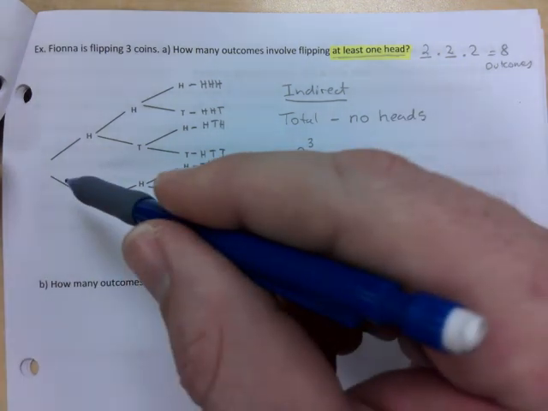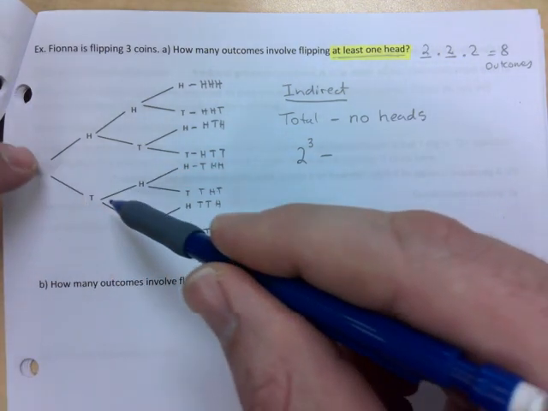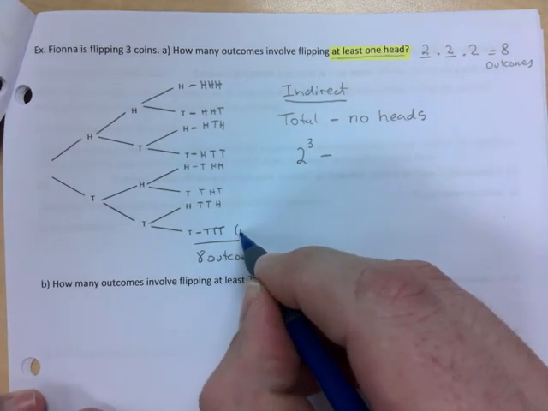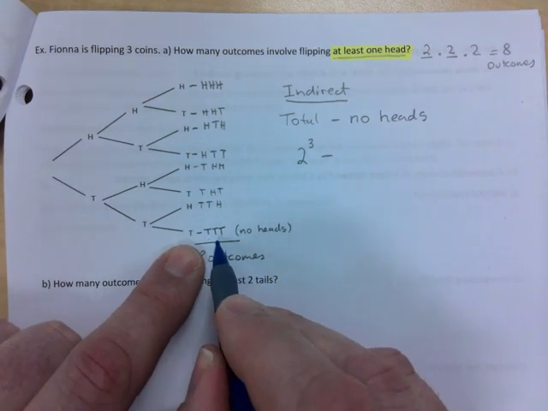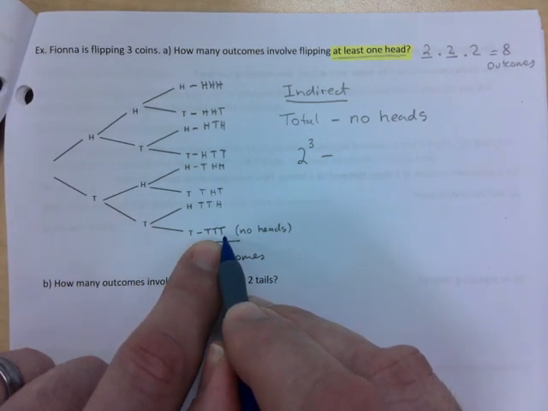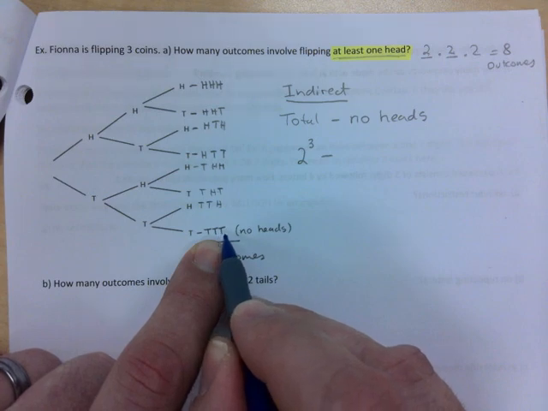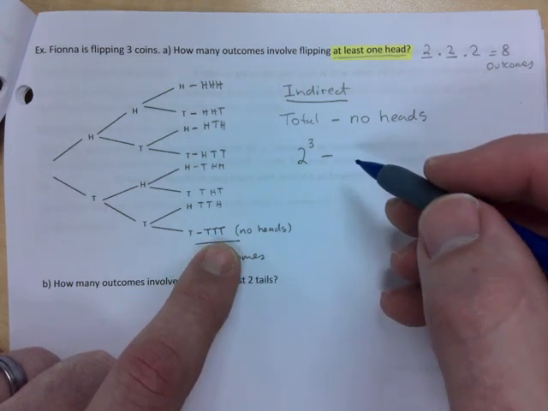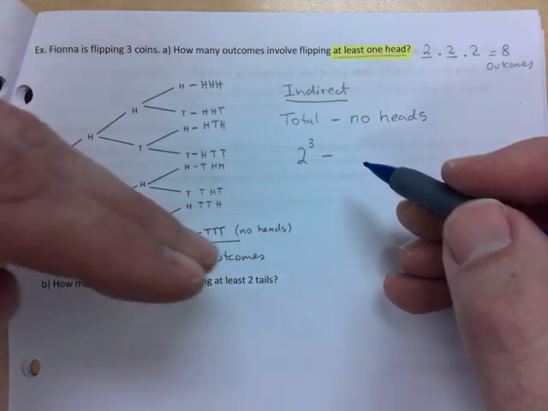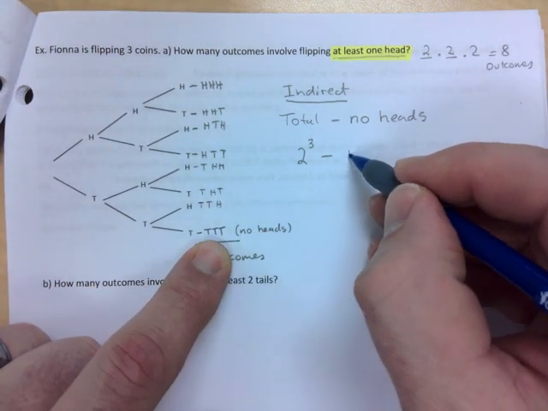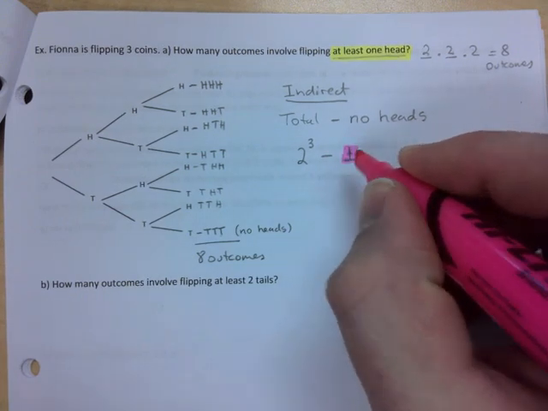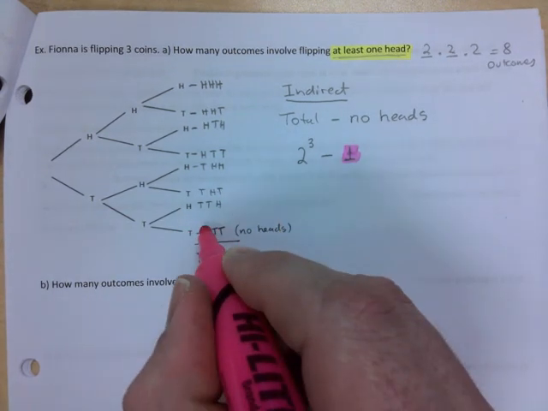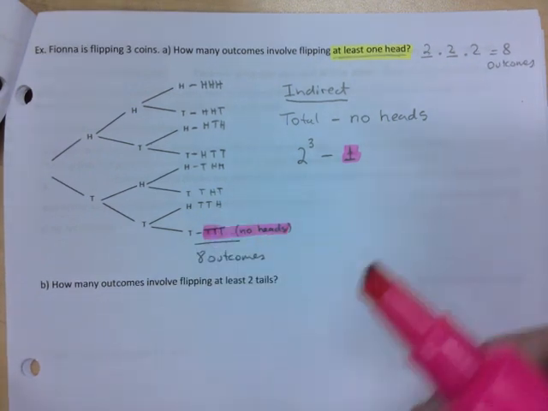The no heads branch is the extreme here. I want you to write that down. No heads. We can see it as all tails, but at the same time as no heads in this extreme. In a scenario like this, it's always that one possible outcome. So minus 1. There's only one instance where that happens. So what should I do here? I'm going to highlight that as that 1, and then highlight that last row here.